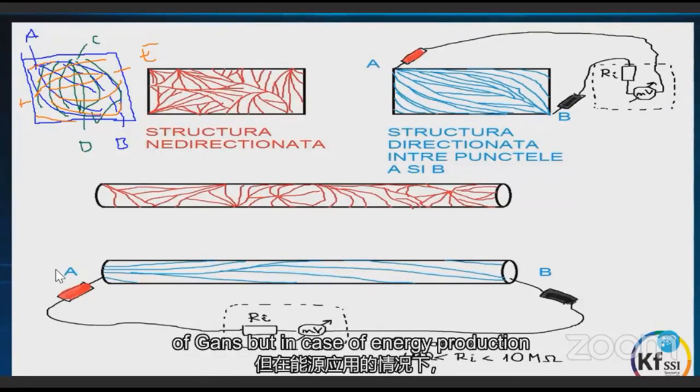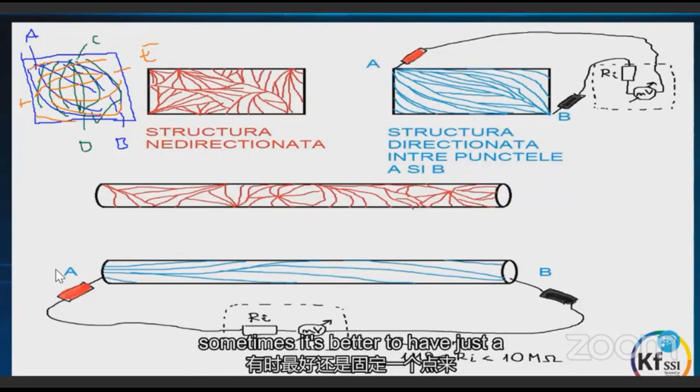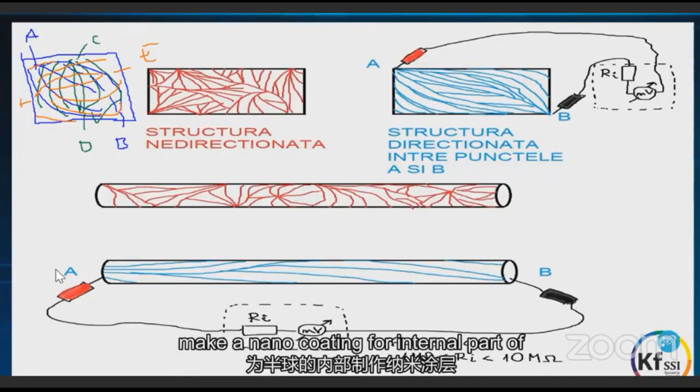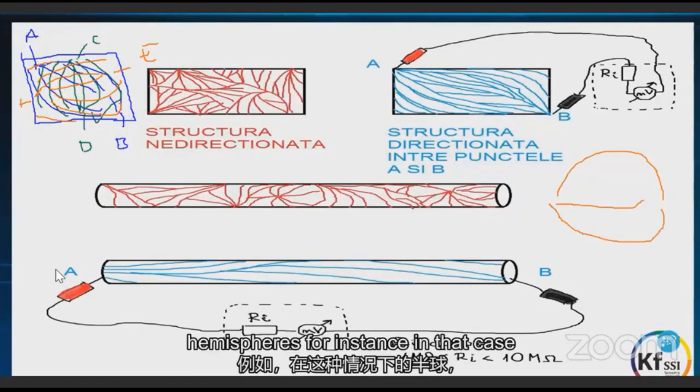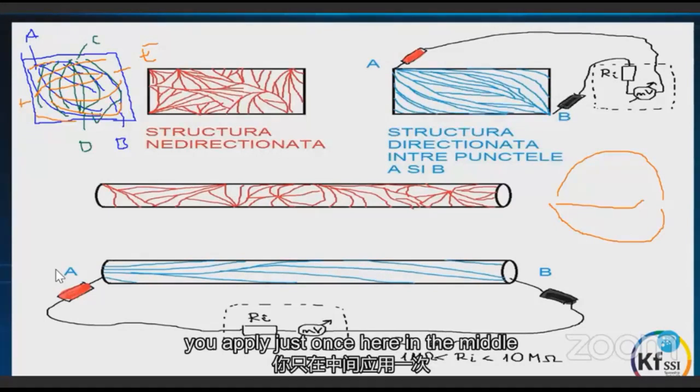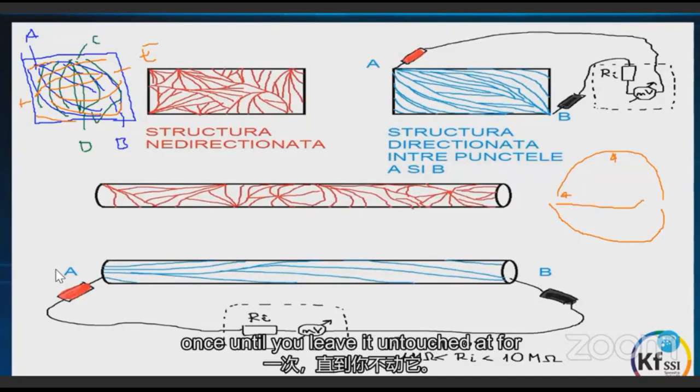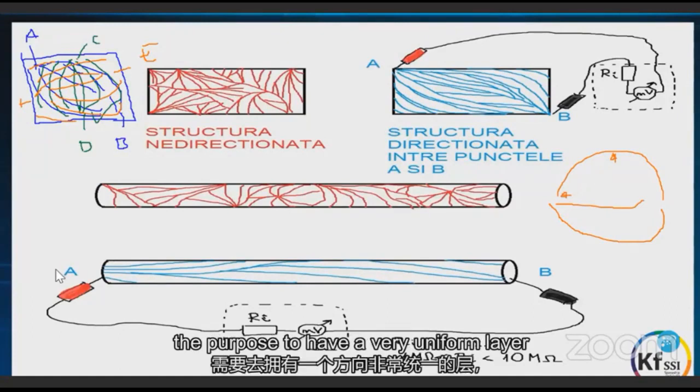But in case of energy production, sometimes it's better to have just a uniform flow. Or if you want to make a nano coating for the internal part of a hemisphere, for instance, in that case you apply it just once here in the middle, once at the edge, and you leave it untouched for the future, because there you may have the purpose to have a very uniform layer.